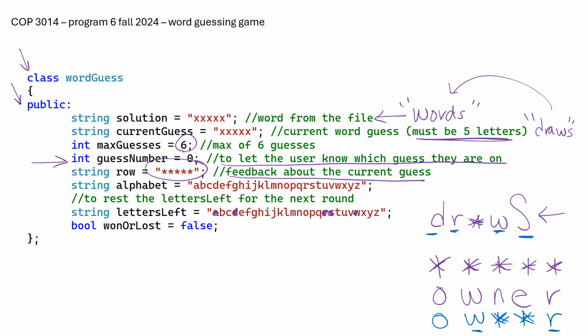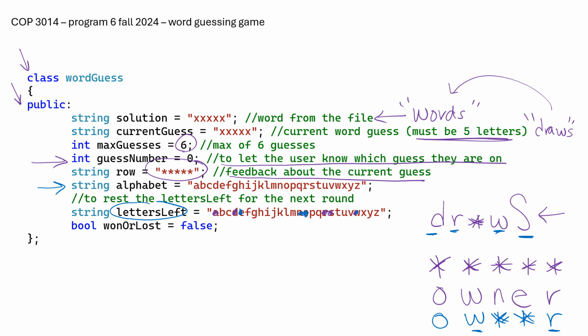Also, when they enter owner, you're going to remove from this, before you even do any of that, the O, the W, which was already removed, the N, the E, and the R was already removed. So you have this alphabet here, and this is just going to be used to assign back, because after you play around, your letters left is going to be missing letters.